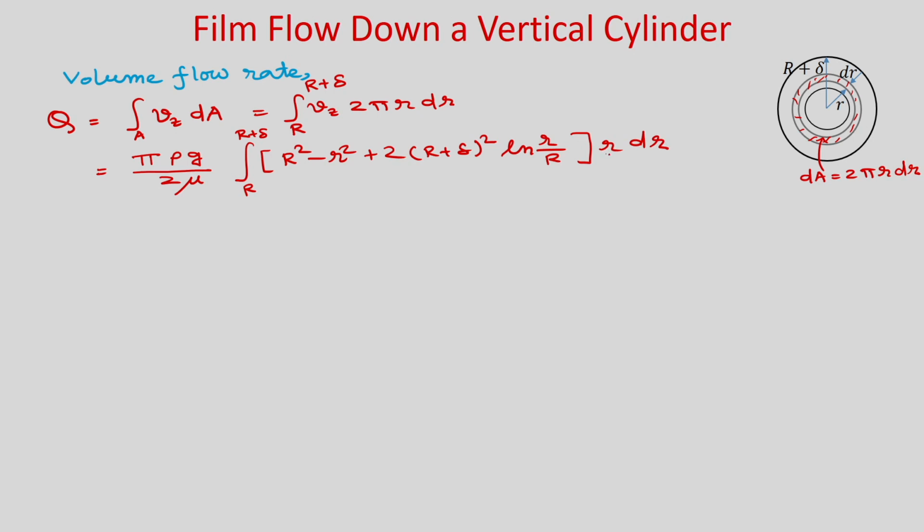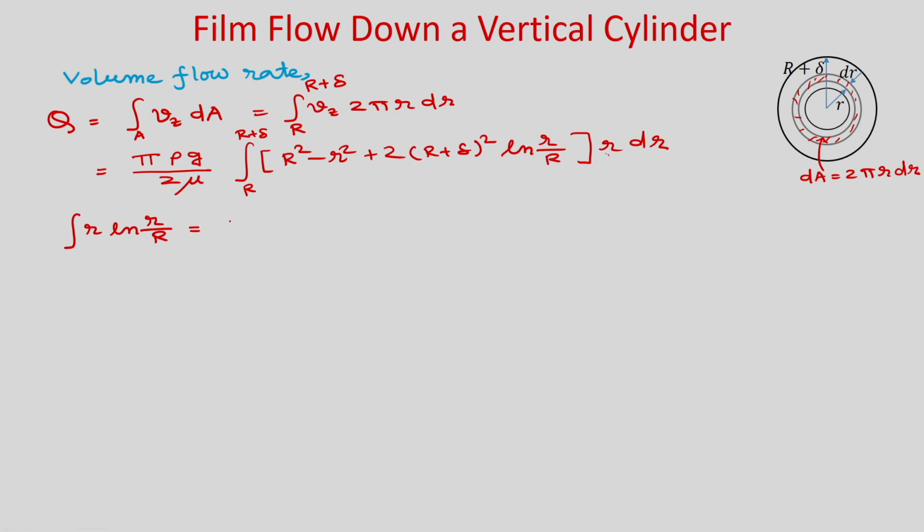So, now you multiply this r with these terms and integrate it. So, first let us integrate this term, integration by parts, r into ln r by r. Okay. So, this is integration by parts you will get in the third term.